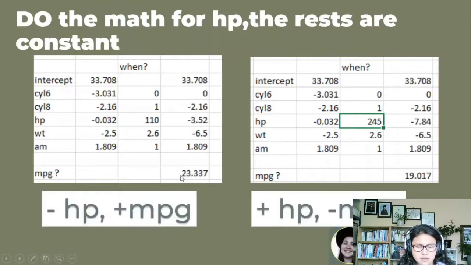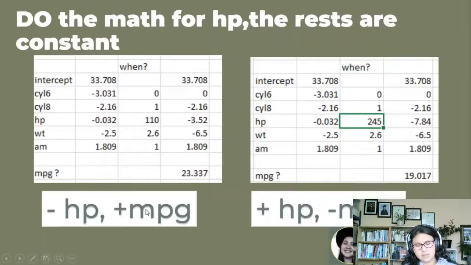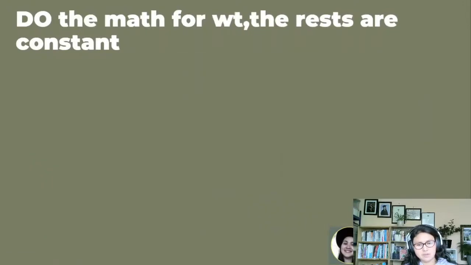The mpg here is 23.3, so it will increase and then it will reduce. If you reduce the HP, the mpg will increase. If you increase the HP, the mpg will reduce. So how about for the weight?